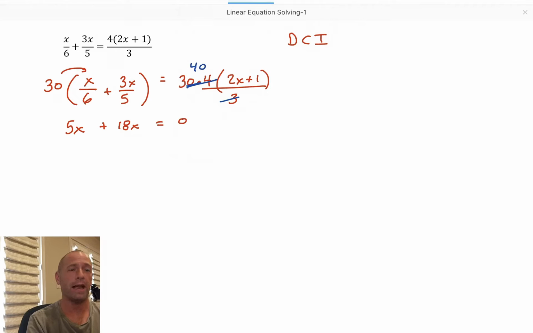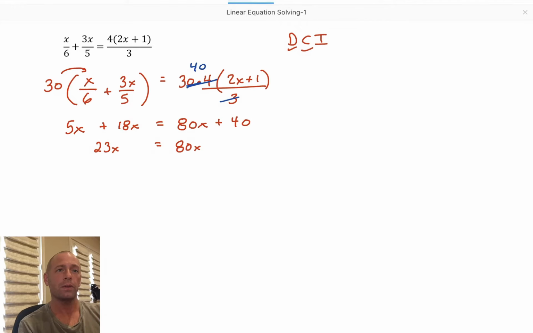Doing that would give me 80x plus 40. Using my DCI, I can now combine my like terms. On the left, I've got 5x's plus 18x's to get 23x's. On the right, I have 80x's plus 40.